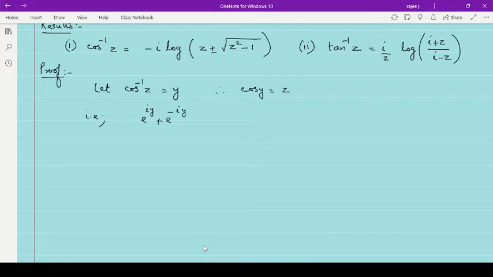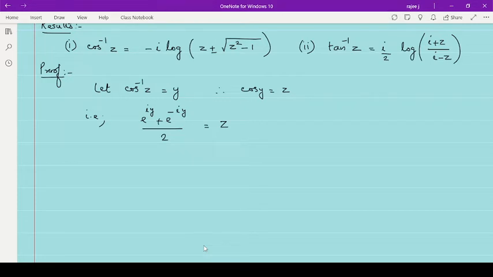Okay, you can put x also, no problem. Any letter you can put here. So e raised to iy plus e raised to minus iy divided by 2 is equal to z. Be careful while writing 2 and z, both will look the same. Okay, so be careful there.